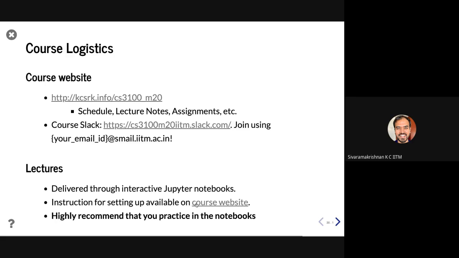Unless you actually play with your hands, you're not going to learn the concept. We don't have labs in this course, but this is going to help you practice a lot. You don't have to write arbitrary programs, just practice what is taught in class, and this Jupyter notebook setup is very easy for that.